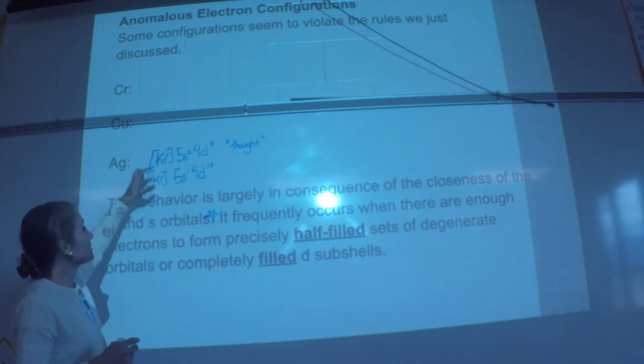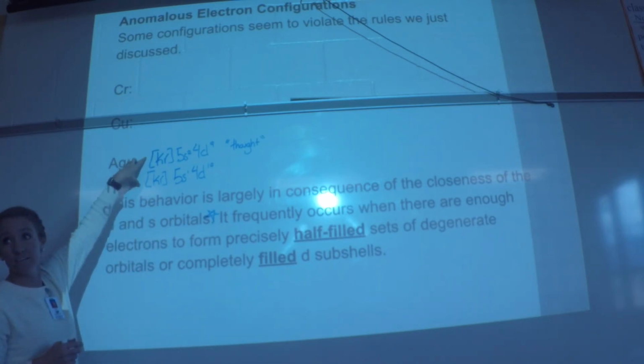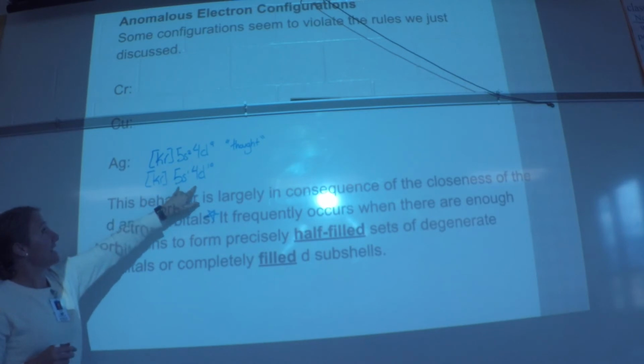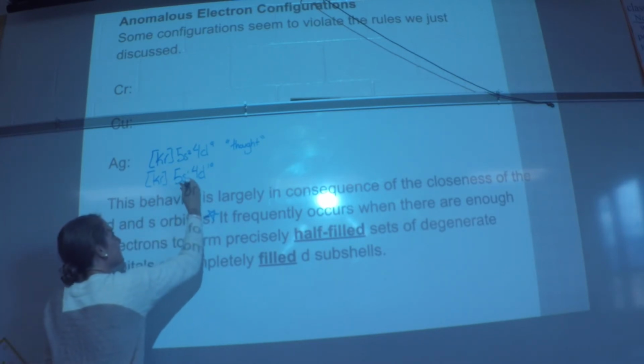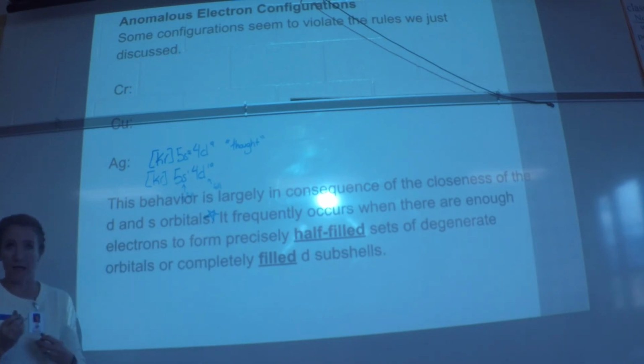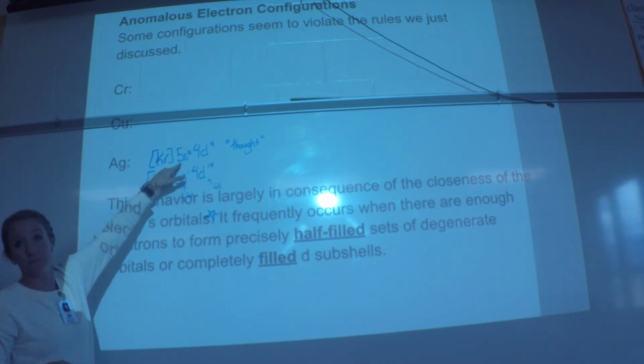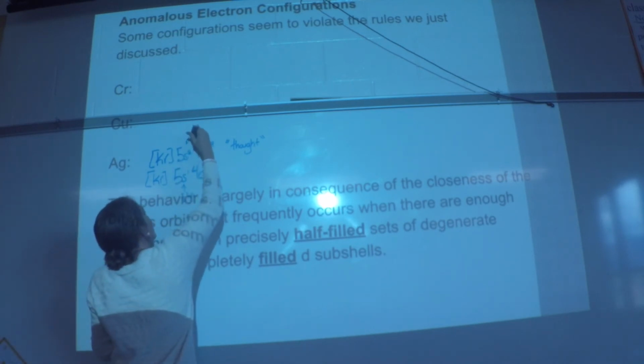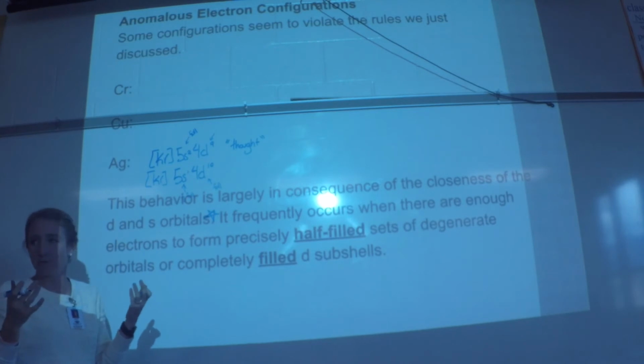So if you notice between these two here, in this arrangement, we now have this half full, and this all the way full, versus here where this one is full, but this one is neither half nor full, right?